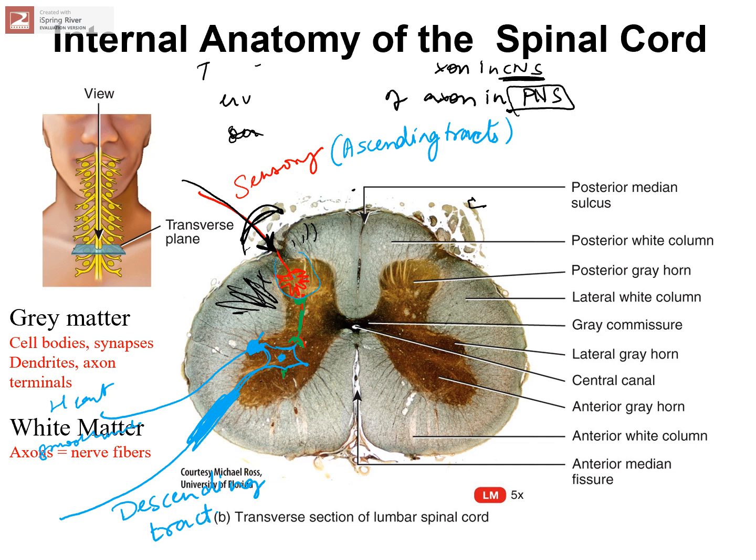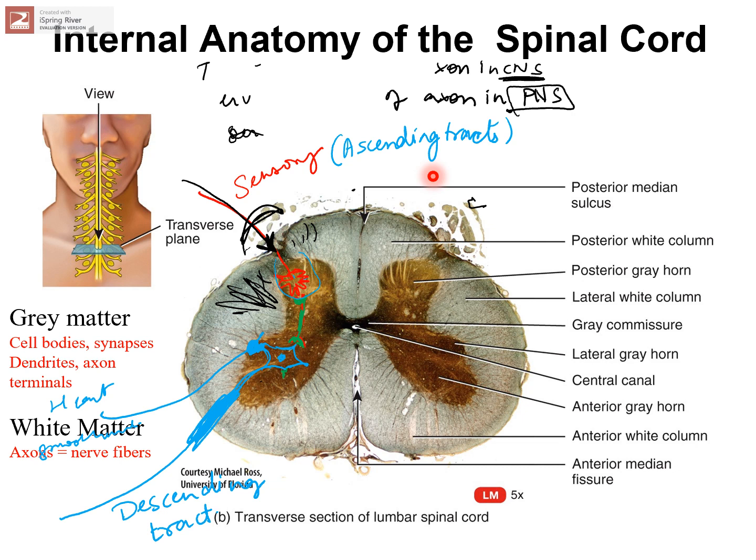So let's revise this again. Sensory neurons carry the signal into the spinal cord through the dorsal root ganglia and right into the dorsal column and the dorsal horn. From here, they carry the information into the brain via sensory tracts.